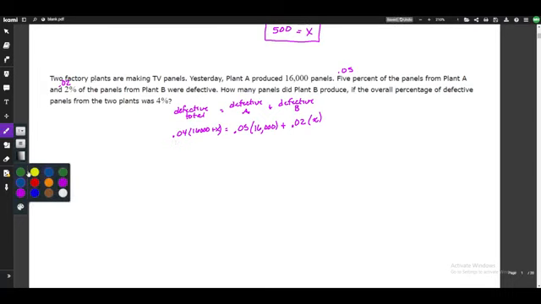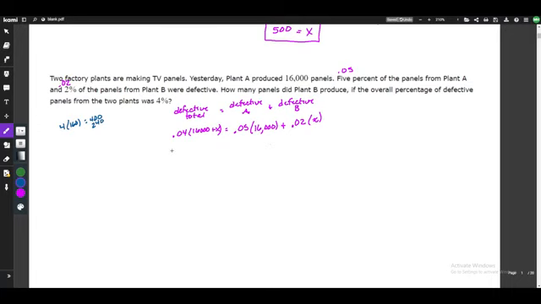So we're going to distribute the 0.04 times 16,000, which is going to be the same thing as 4 times 160. 4 times 100 is going to be 400. 4 times 60 is going to be 240.